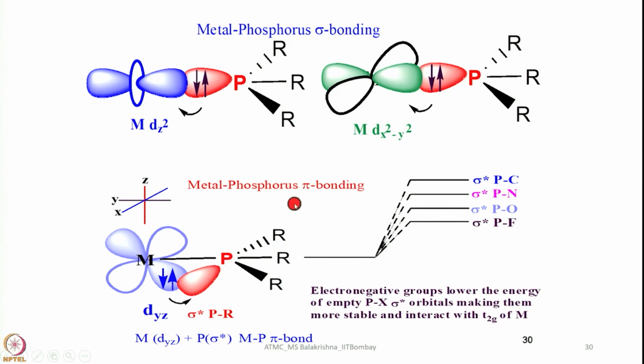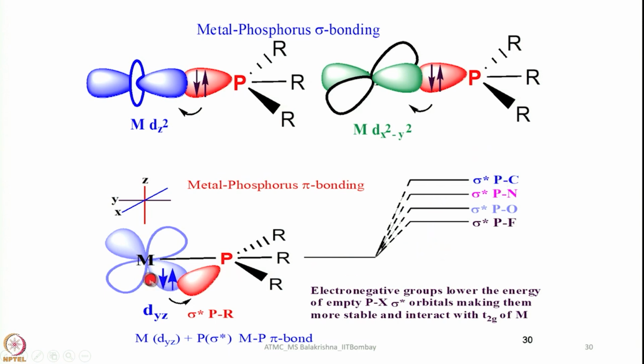So, here pi acceptor ability can be readily monitored by having different substituents on phosphorus. For example, if you put more electron withdrawing groups like we have in PF3 or POR3 or P(NR2)3 or PMe3, the relative energy of sigma star I have shown. So, the question is, if we say this is a better pi acceptor than PC, how is it?